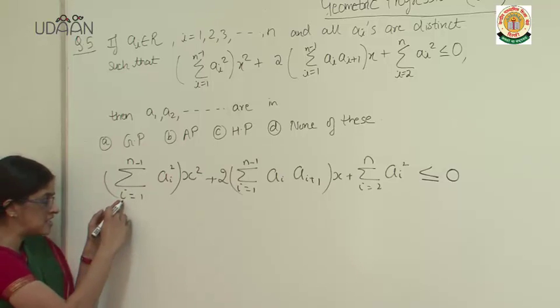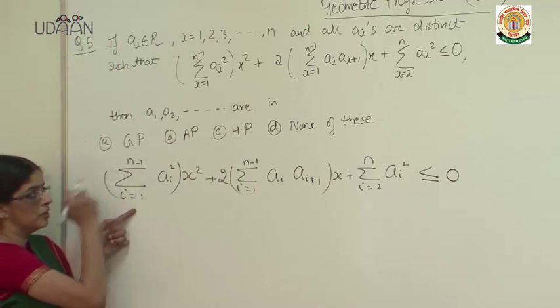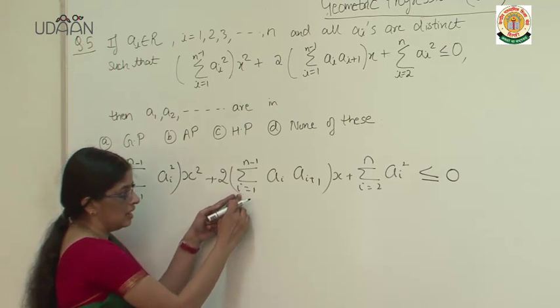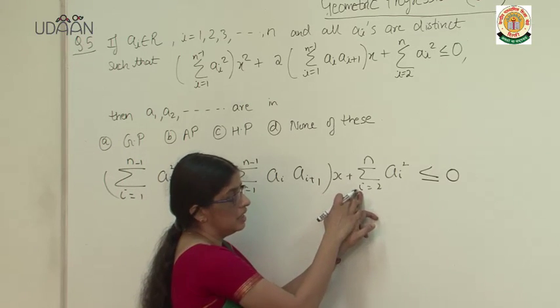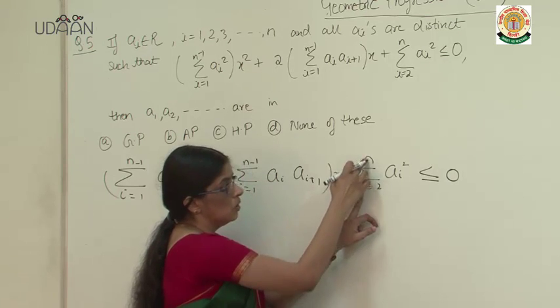See, first sigma i varies from 1 to n minus 1. Second, again i varies from 1 to n minus 1. But the third one, i equal to 2 to n.